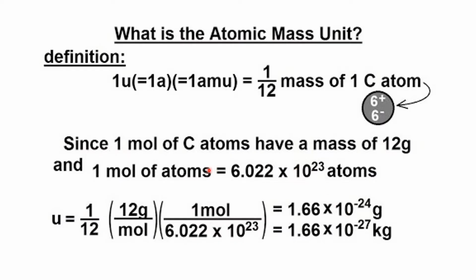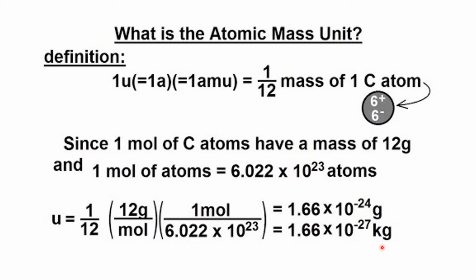Since 1 mole of carbon atoms has a mass of 12 grams, and 1 mole of atoms has 6.022 times 10 power 23 atoms, by using this formula, you are able to know that 1 AMU is actually equal to 1.66 times 10 power negative 27 kilogram.